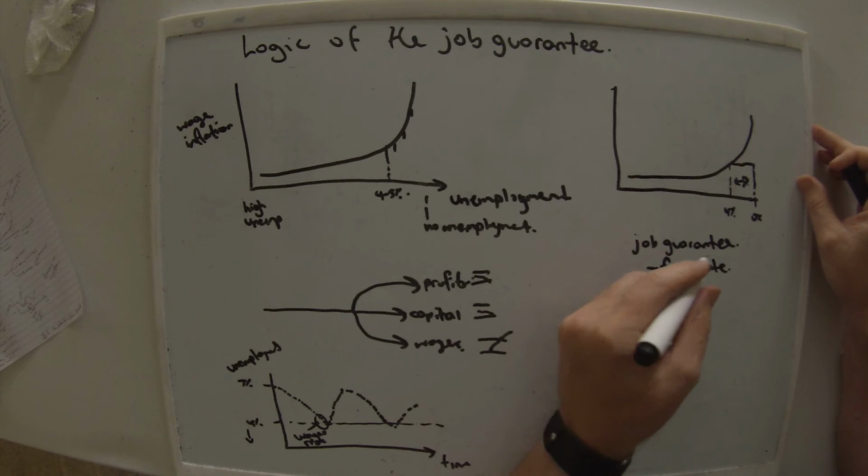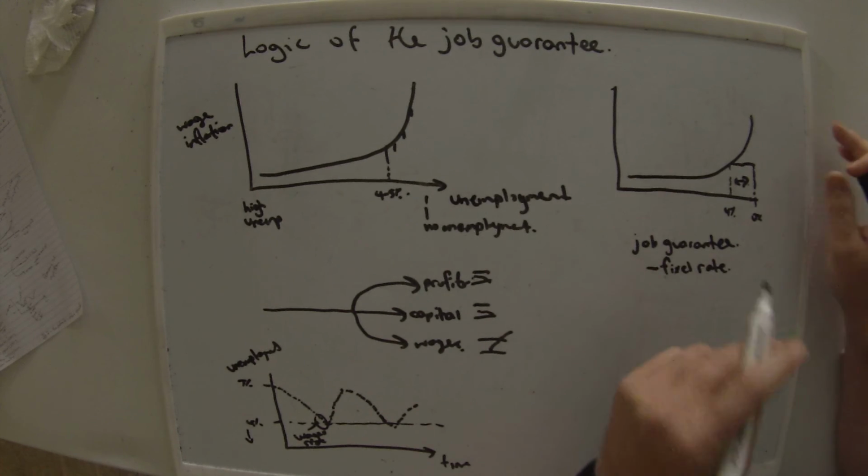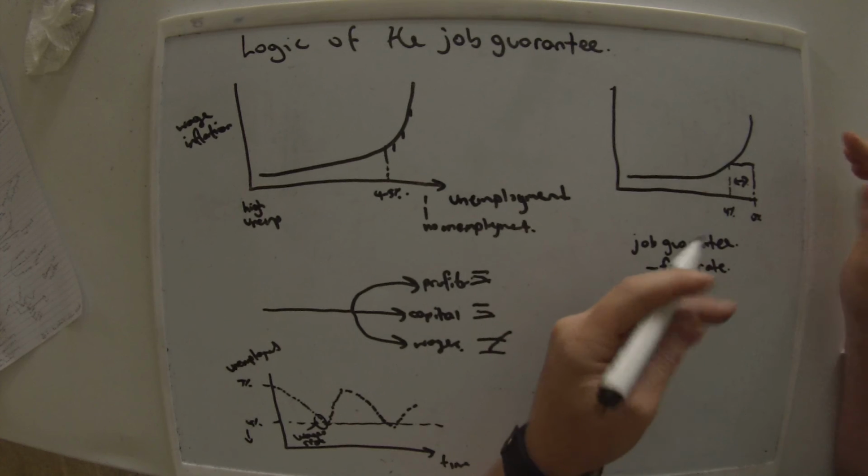So even if unemployment goes up, you can't negotiate your wages and drive wage inflation higher.